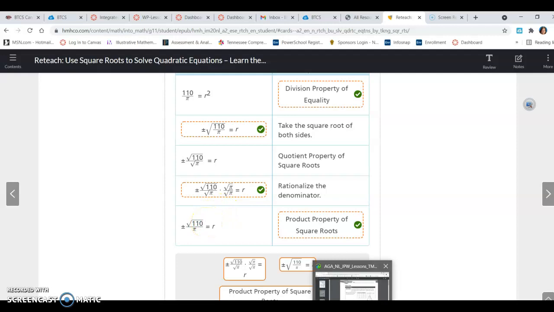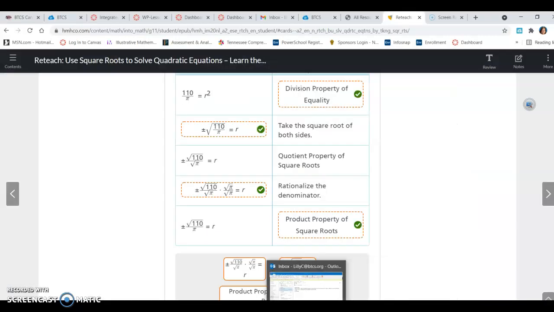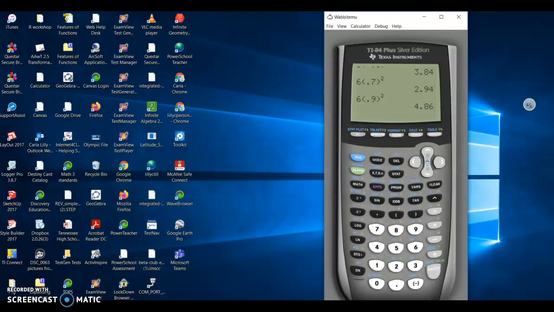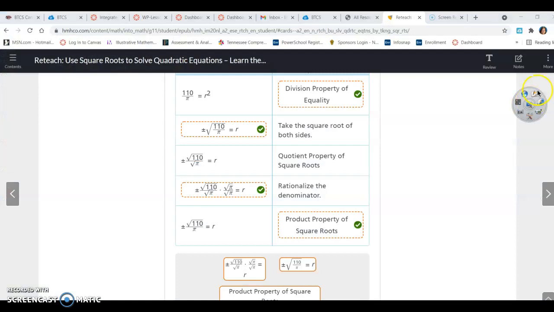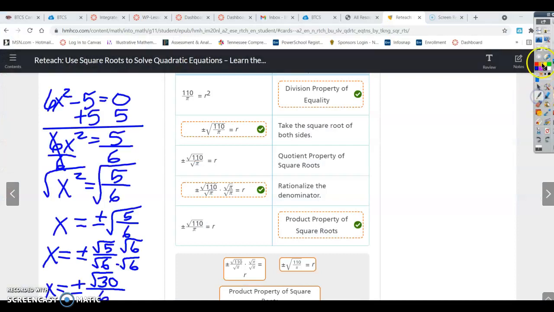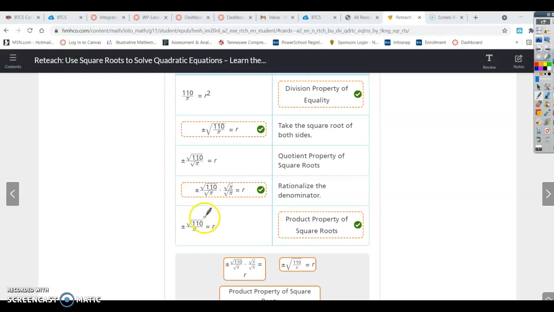So just so you know, whoops, sorry about that. All right, this should actually be 110 pi over the square root of pi equals r.